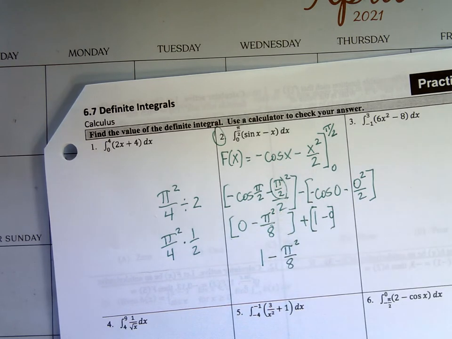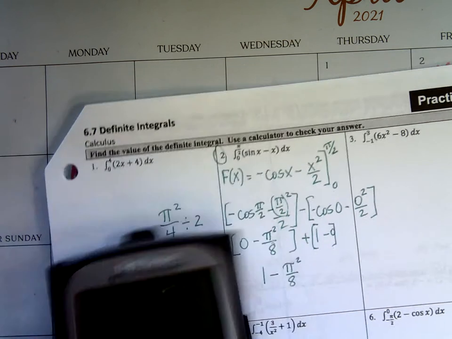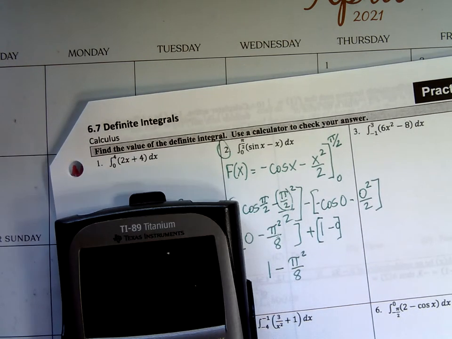Now I said I'd show you on the calculator how this works, which I will. It's going to be easiest to show you if we decimal out this answer. So let me do the pi squared over 8 first.